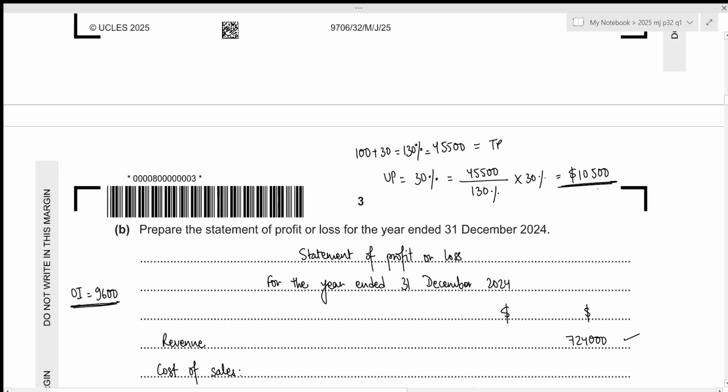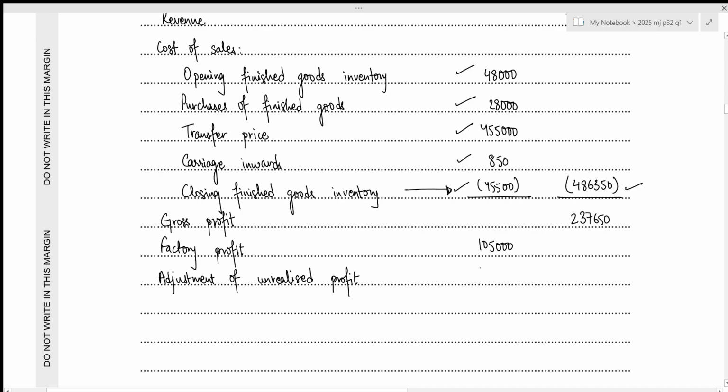And any increase in the unrealized profit should be treated as part of the expense. So, the increase is 10,500 minus 9,600, which results in 900. So, we need to treat this as expense under our adjustment. So, we'll be subtracting the 900. Now, the total for factory profit and the adjustment of unrealized profit is 105,000 minus 900, which results in 104,100.